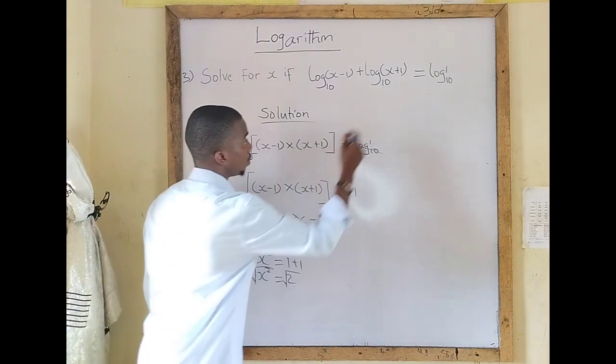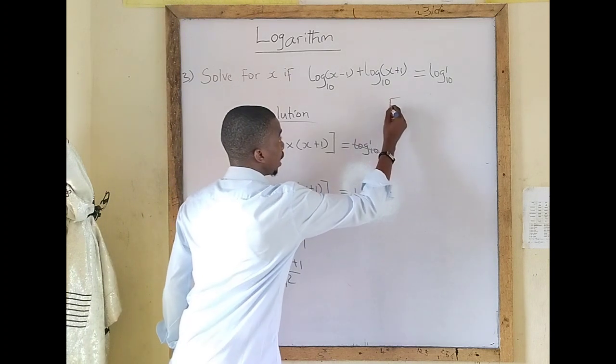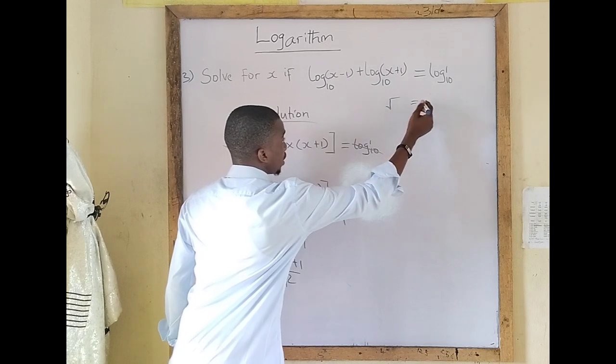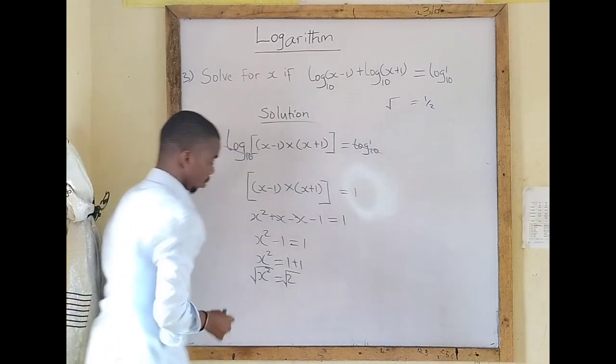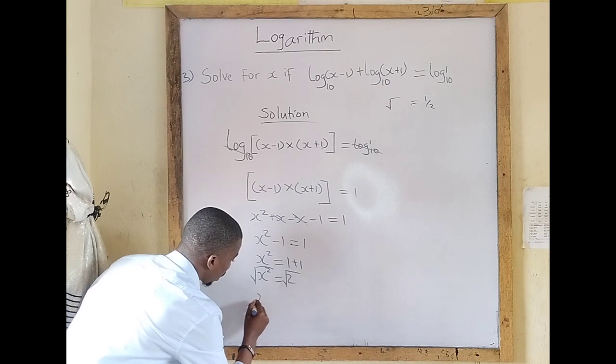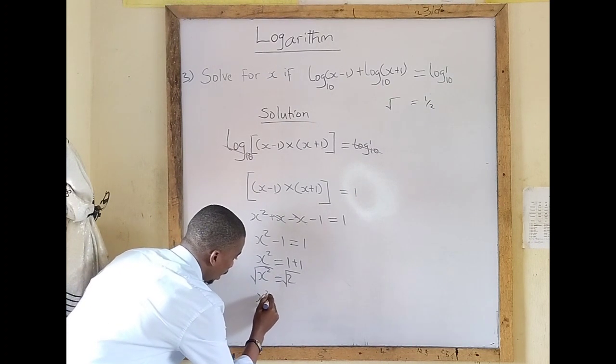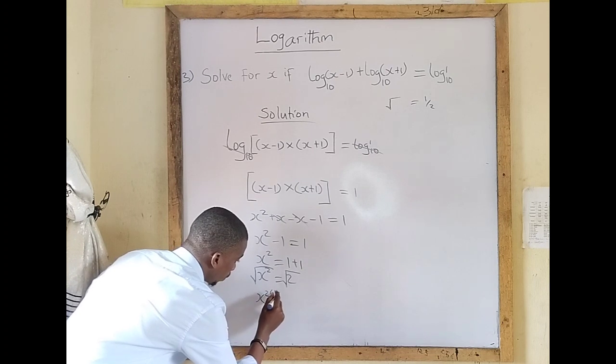Now we know that, just like I said previously, square root in indices is a half. So to take this off, x squared, you can write our square root as a half. So we have x squared bracket 1 all over 2, x squared.